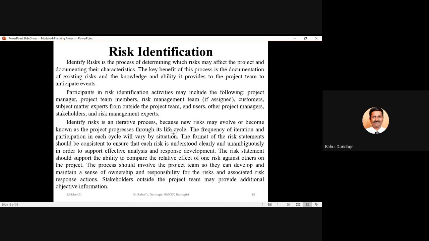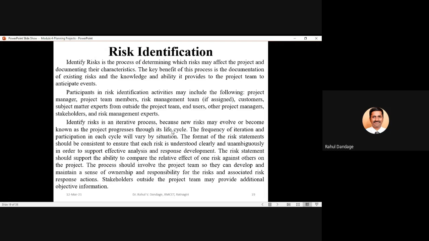The key benefit of this process is the documentation of existing risks and the knowledge and ability it provides to the project team to anticipate events. So the basic benefit you get from this step is, once the risks have been identified, this document, that is your risk register, will help the project team to anticipate the risk events.